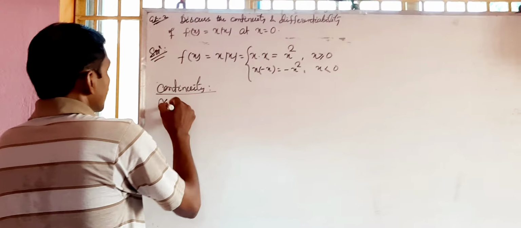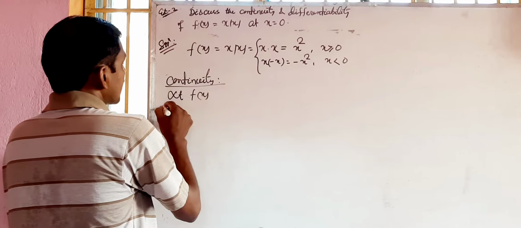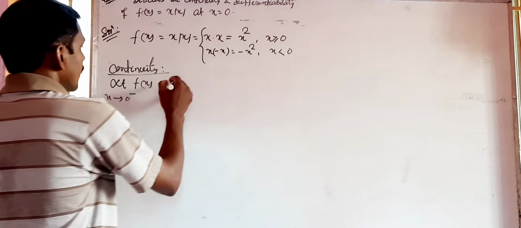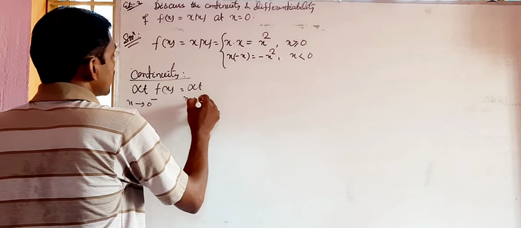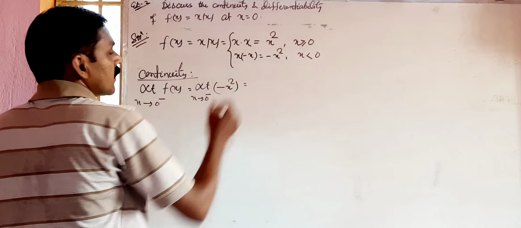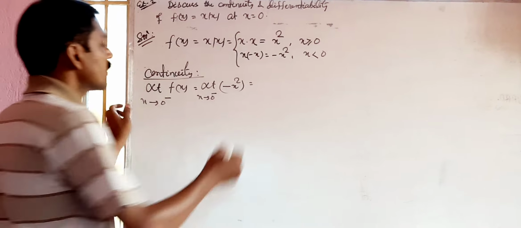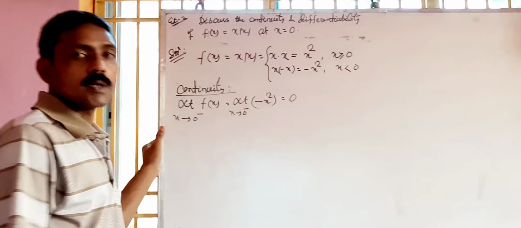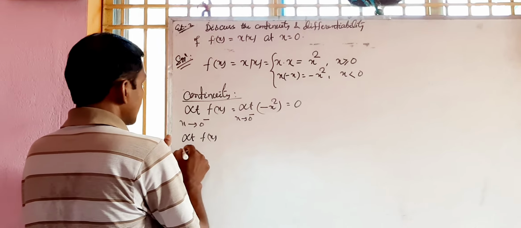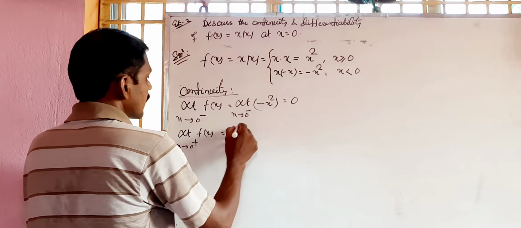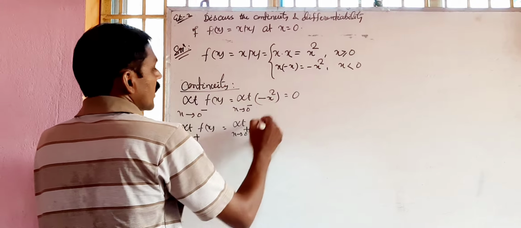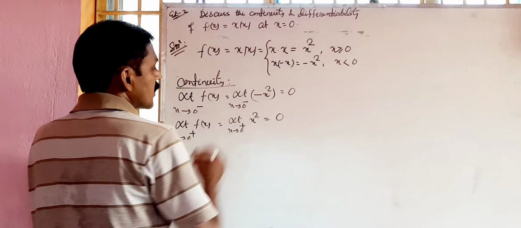Now here, limit of f of x as x tends to 0 minus. For x less than 0, the value is minus x square, and it is an algebraic function, so in place of x you can directly put 0, so it is 0. Similarly, limit of f of x as x tends to 0 plus, it is x square, and it is also 0.